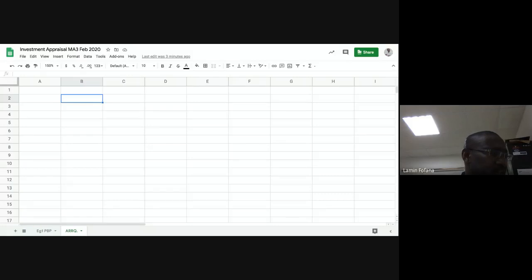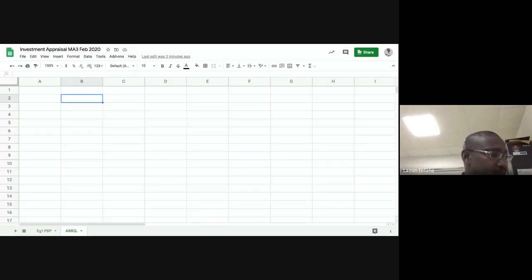So as such, we need to depreciate it. What we need is accountant's profit. Accounting rate of return is always calculated on accountant's profit, and an accountant's profit is always after depreciation. So the scrap value is 10,000, which makes life a lot easier for us when we are calculating depreciation.